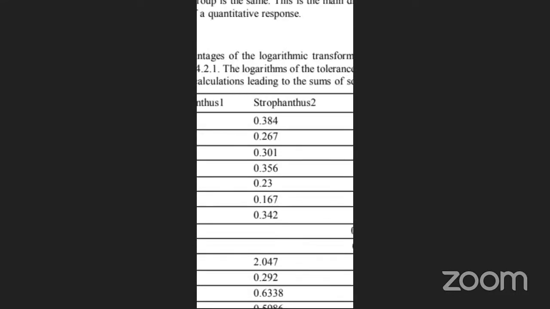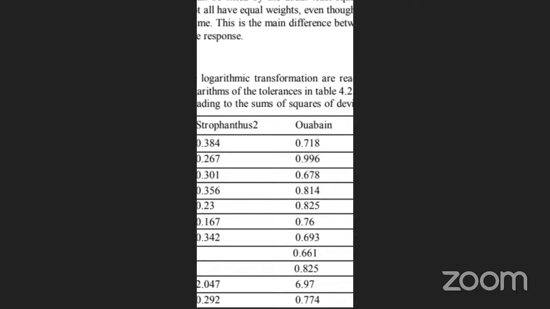Computational advantages of the logarithmic transformation are readily seen by application to the data. The logarithm of the tolerance in this table shows the calculation preparation: Strophanthus 1, Strophanthus 2, or Ouabain.